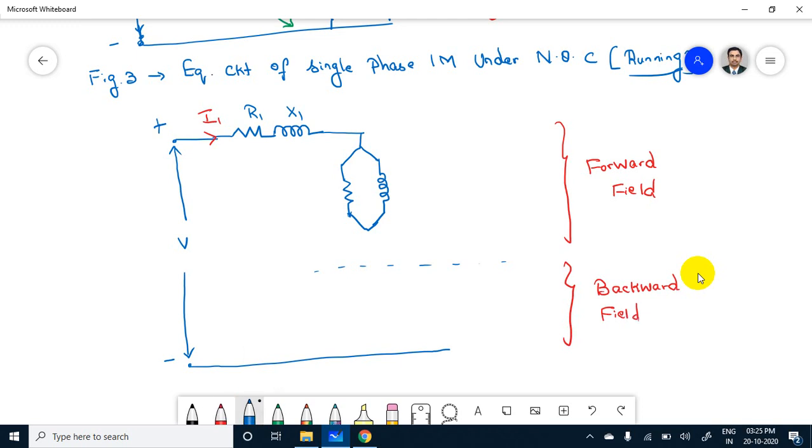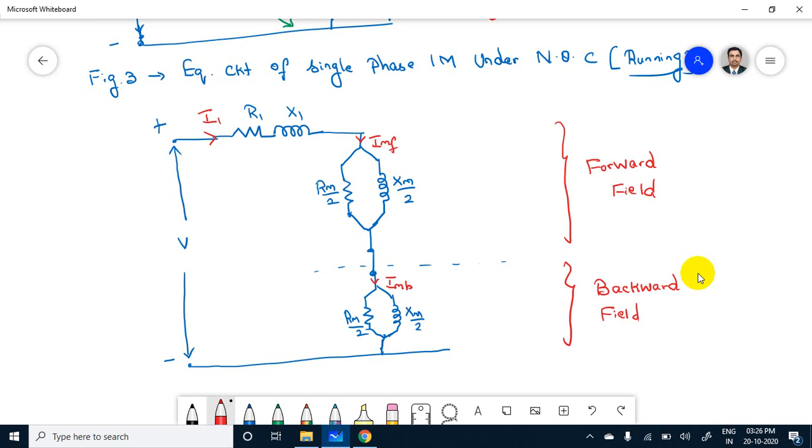Okay, so this is Rm by 2, this one is Xm by 2, which is connected. Again, Rm by 2, Xm by 2. Okay, the current flowing here is Im F, here it is Im B.